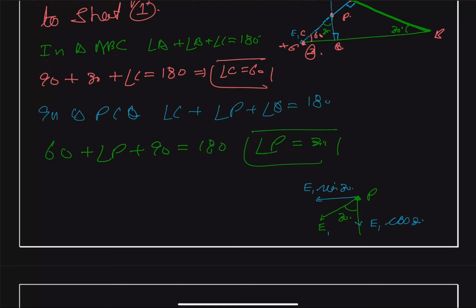And we already know that the electric field due to sheet 2, that is E2, is along the y-axis.